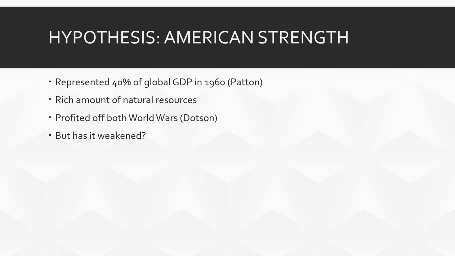It's also profited off of both world wars, whereas the rest of the world was enfeebled by at least one of them. So with the rest of the world being down, America was able to be lifted up and become the greatest economic influence in that time.